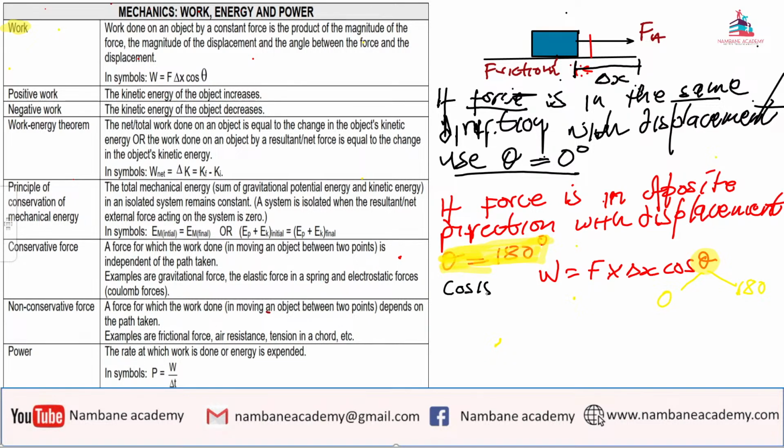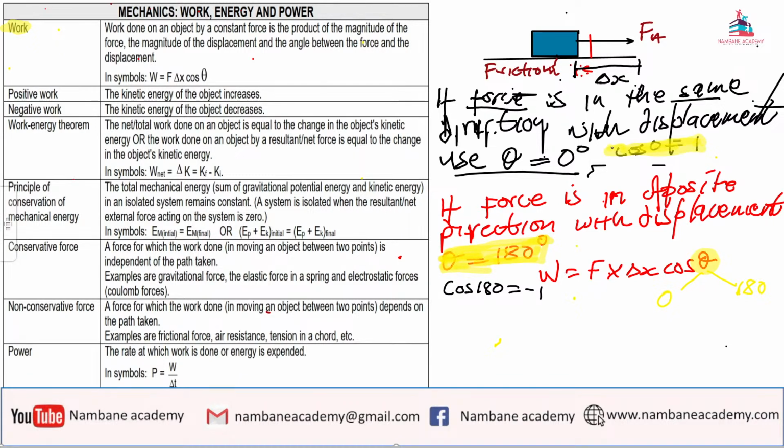Cos of 180 is equal to minus 1. I'm going to write it there and say cos of 0 is just equal to 1. So let me highlight so that we know where we are in our pages.